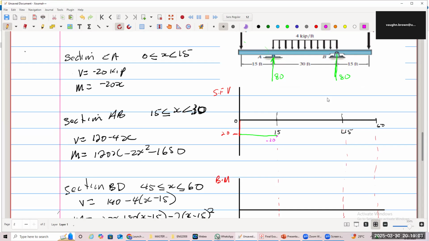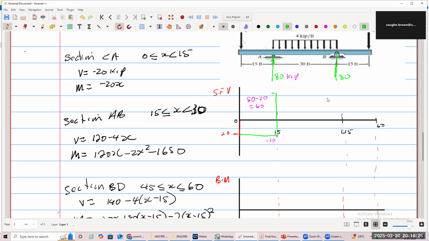The difference between a positive 80 and a minus 20 gives me positive what? 60. So it must come up to 60. Everybody see that? Anybody don't see that?